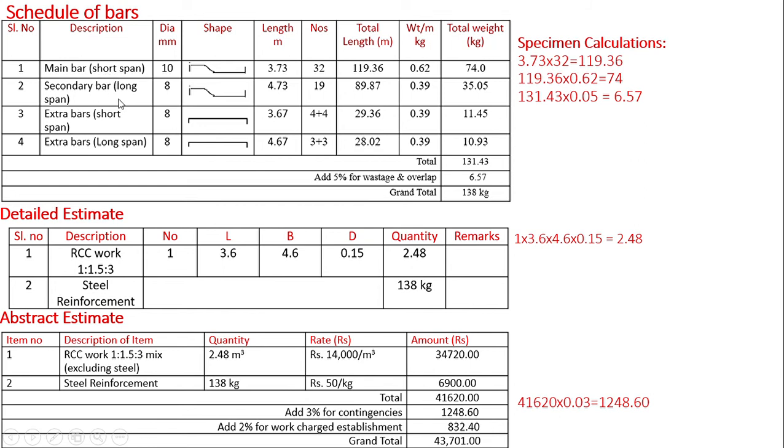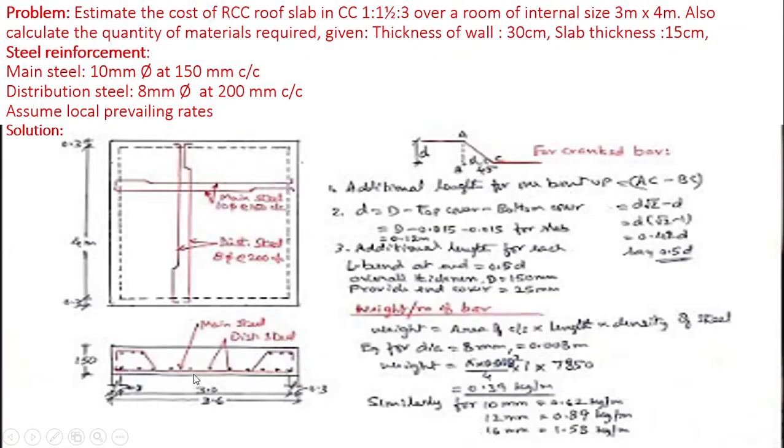Set 2 is secondary bars or distribution bars along the long span. Set 3 is extra bars in short direction, and set 4 is extra bars in longer direction. In the problem, 3 meter side is the short side or the short span, and 4 meter side is the longer span.